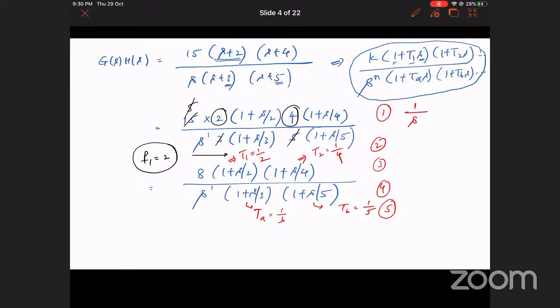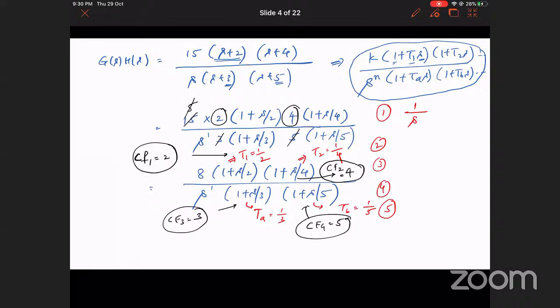The second corner frequency, guys, is 4. I'll write CF1, that is corner frequency 1. Then CF2, corner frequency 2, is what? Come on, guys, it is 4. Corner frequency 3, how much is it? It is 3. Corner frequency 4 is 5.